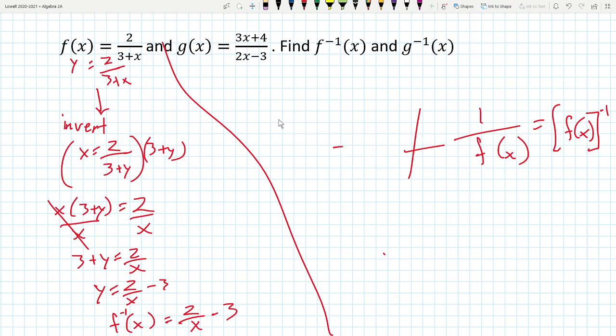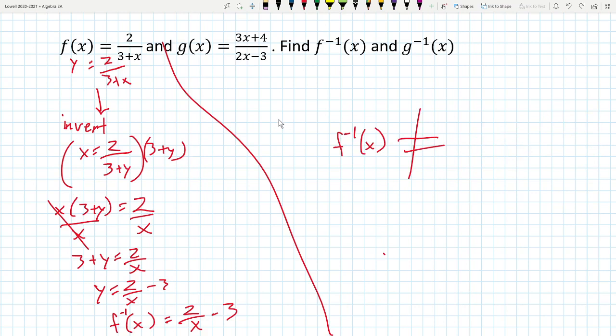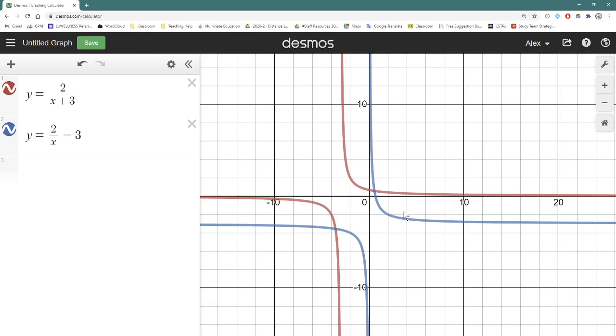All right, but let's take a look at the graphs of these 2 functions here to just confirm that, to make sure that we indeed found the right function. Okie dokie, so here we are in Desmos, and I've graphed our 2 equations. The red one is the original function, the blue one here is the inverse.